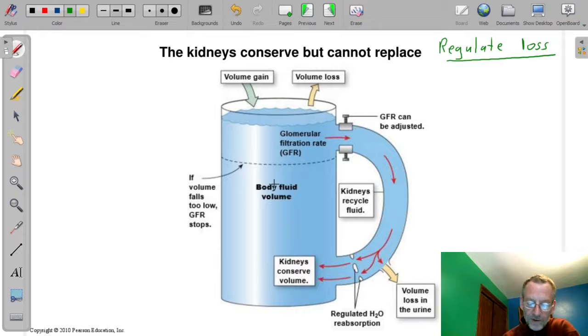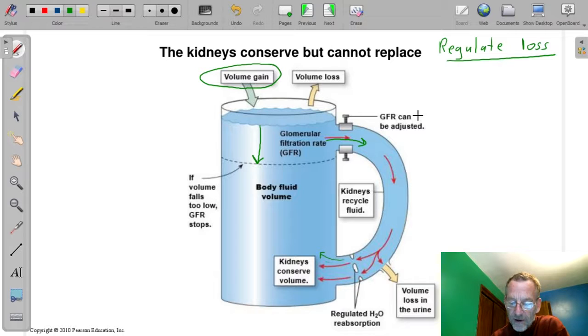But if you're low on fluid, if the fluid drops, the only way to get that fluid back is to drink it. And if you can't drink it, then you have to get an IV or some other means of pushing the fluid into the body. And as long as the blood volume, the fluid volume, remains above a certain level, then we filter it. The kidneys stay open. And we filter through the nephrons, and then we return most of that fluid.